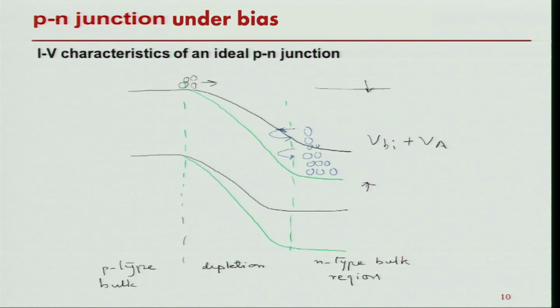So, I will be looking at the continuity equation in these 3 regions, solving it and trying to figure out what would be the current flowing when I put the device in a forward or a reverse bias. That would be the strategy.